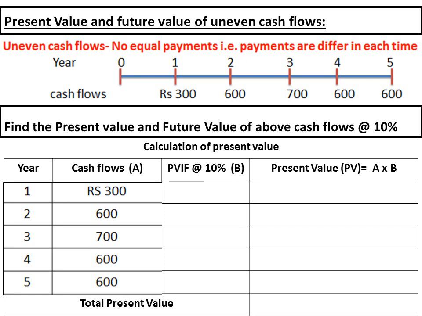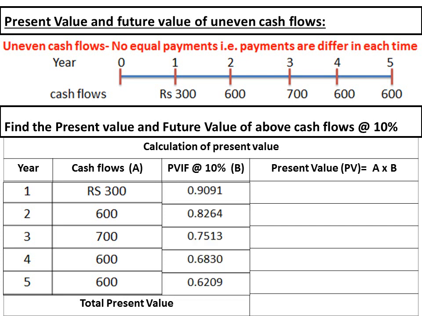Now the year and cash flow are given in the above cash flow: year 1, 300; year 2, 600; year 3, 700; year 4, 600; year 5, 600. And for the PVIF, we can see the values and put them serially: for year 1, 0.9091; for year 2, 0.8264. This is the PVIF table. You can get the values from the financial table.